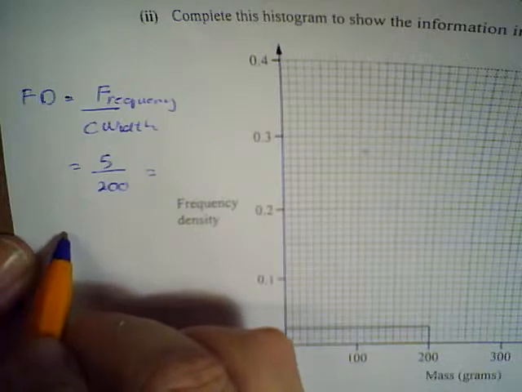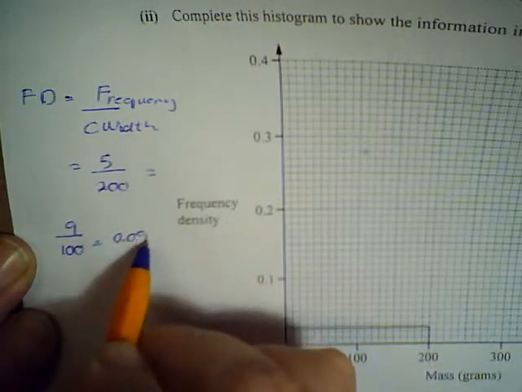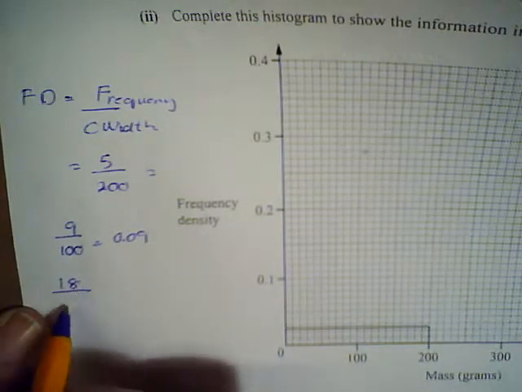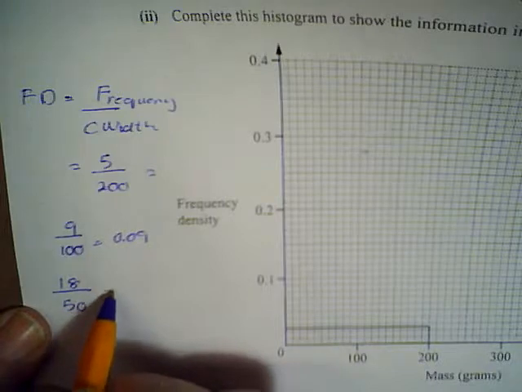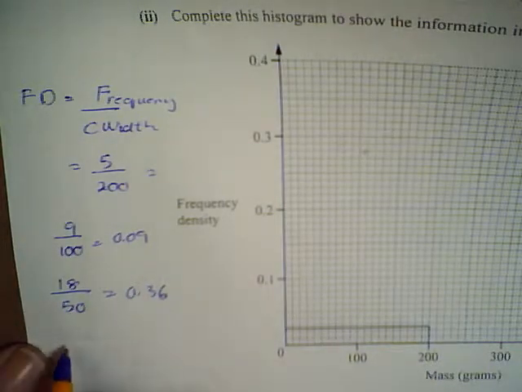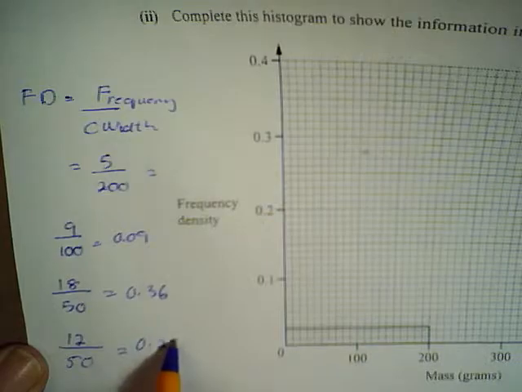It is 9 over 100. That will give me 0.09. The next one is 18 over the class width of 50. That will give me 0.36. The next one is 12 over a class width of 50. That would give me 0.24, and the last one is done for us.